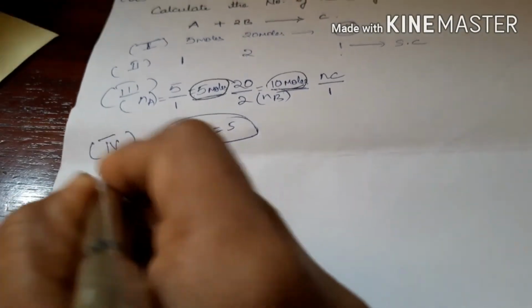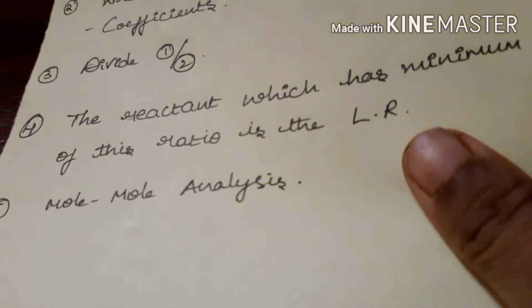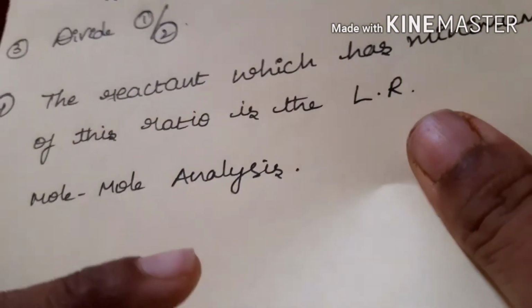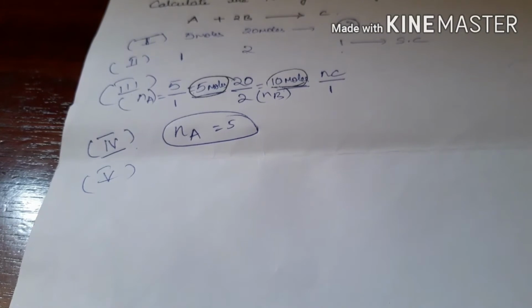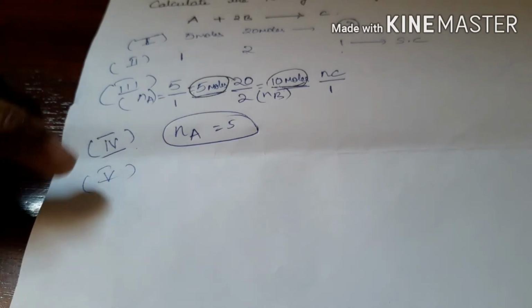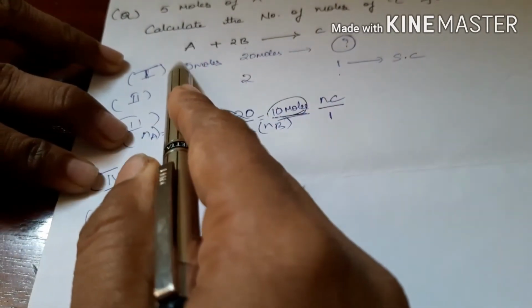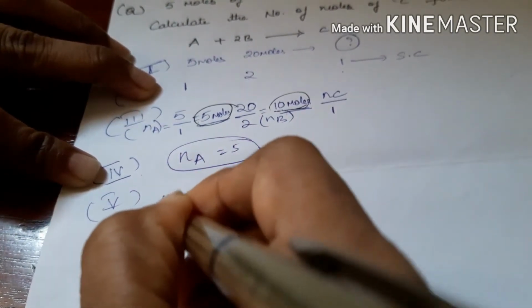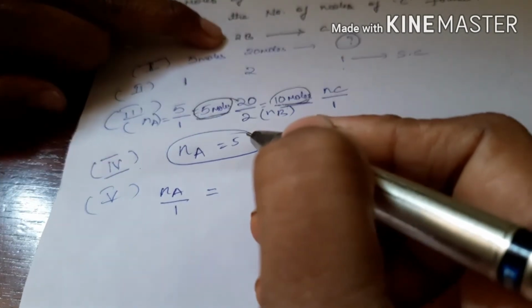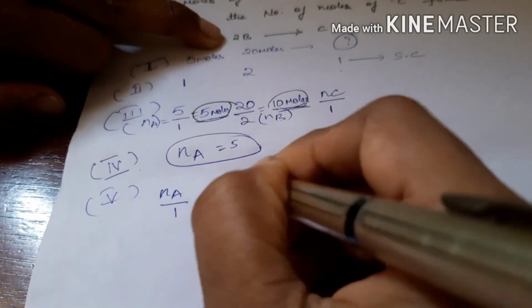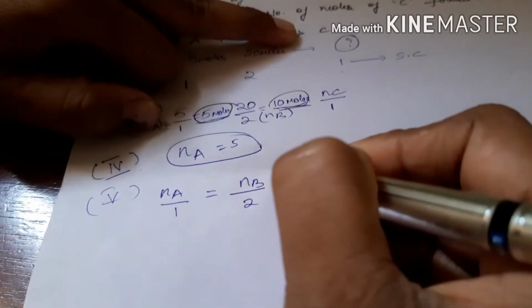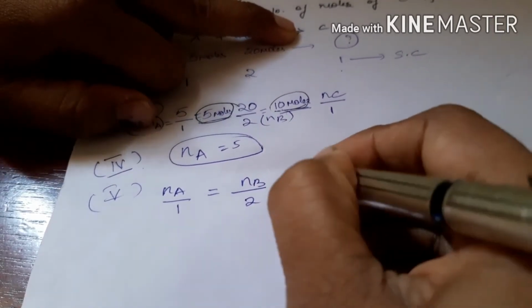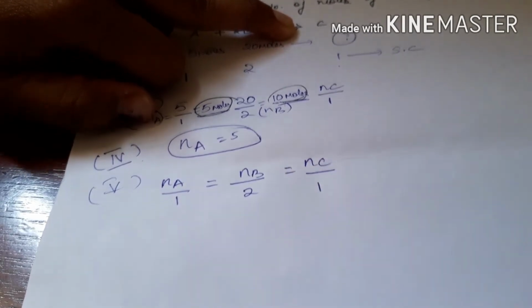Next, the fifth step is mole analysis. How to analyze moles? We will see. For mole analysis, we have to write for reactant A, Na by its stoichiometric coefficient 1, is equal to, for B, Nb by its stoichiometric coefficient 2, is equal to, for C, Nc by its stoichiometric coefficient 1.